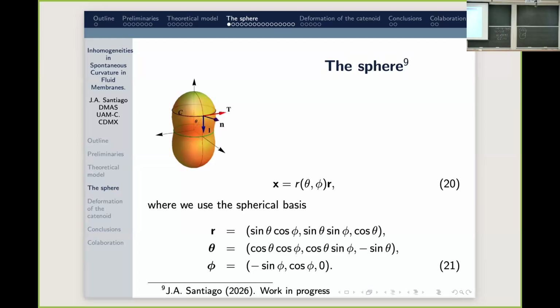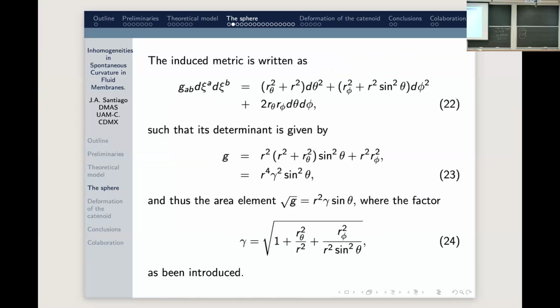We have integration along the parallel C, and then to obtain the force that this region acts on the region below. The induced metric: we can do some derivatives and obtain the induced metric, the determinant, and we can write the area element in this way.